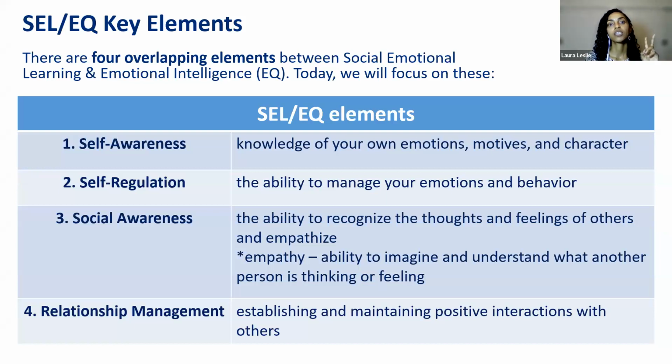Social regulation: the ability to manage your emotions and behaviors. Social awareness: the ability to recognize the thoughts and feelings of others and empathize. And a quick definition for empathy: the ability to understand or feel what another person is experiencing. And relationship management: establishing and maintaining positive relationships.